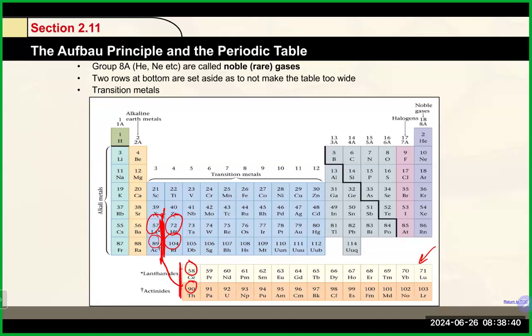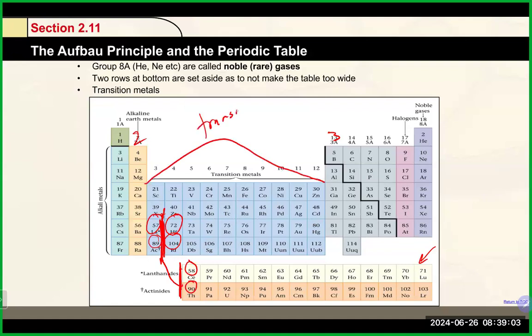They don't do that, otherwise your periodic table is really wide. I've only seen one school that had done it, and they put it on a wall, and it takes up the whole wall because they spread everybody out to the right to put those two rows in.